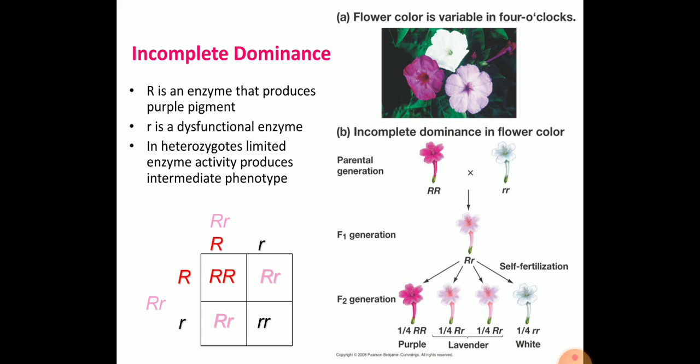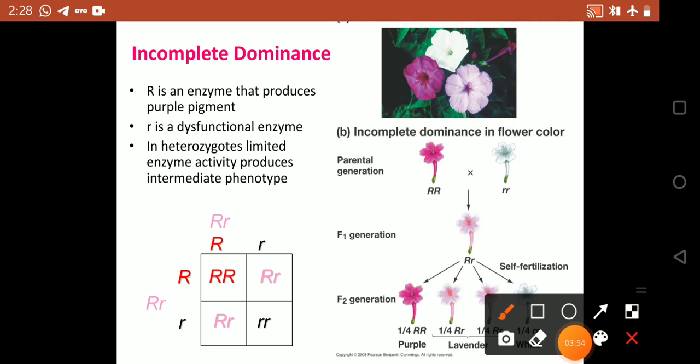If you take capital R and capital R as the flower color, that is the dominant flower color, which will be red or purple in color. Small r I am taking as white in color, that is recessive.